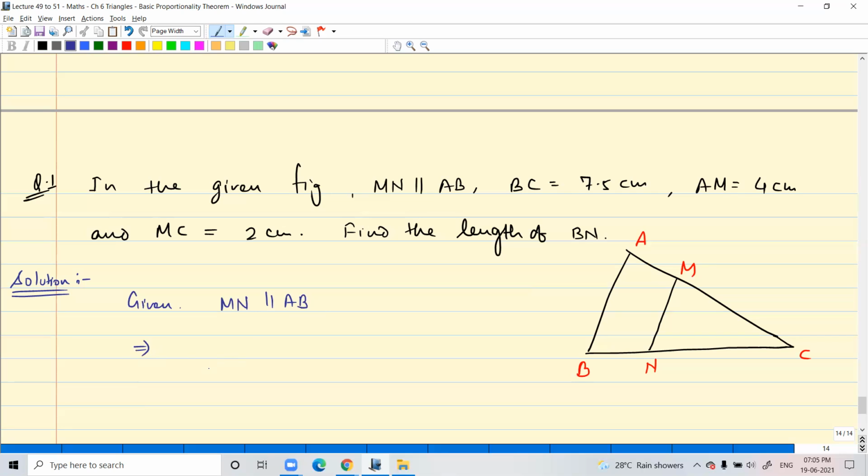Sir, is BN 5, sir? Yes, that's correct. That's good. BN is 5. But how to write it? Just say that given MN is parallel to AB, then what does it imply?